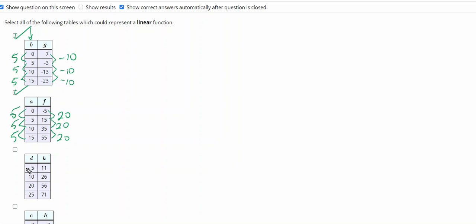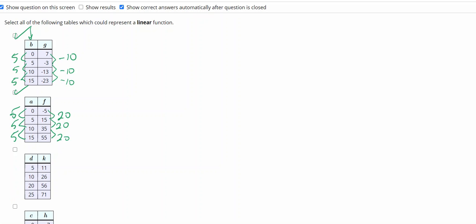Next one. So now this one's going up by 5, and then by 10, and then by 5 again. That doesn't necessarily mean that it's not going to work, because, well, let's fill this in, just for a second. I think this might help.